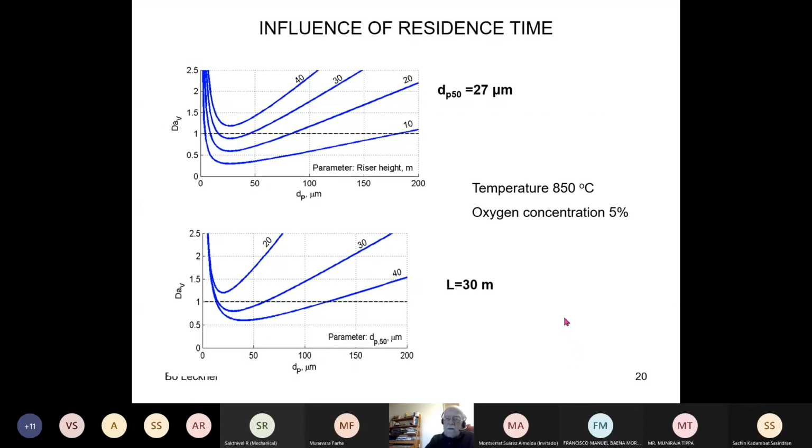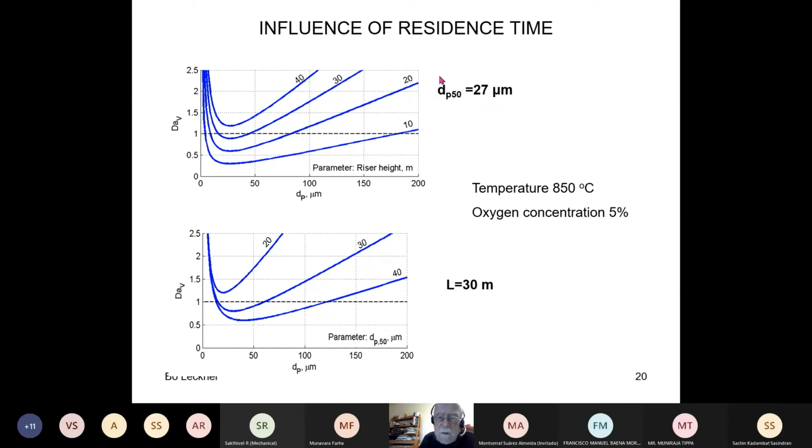So in these diagrams that I've shown you before, there were two parameters that were important to have a suitable Damköhler number, and that was either the height of the riser. This was the parameter of the height of the riser here. When it was a tall riser, the residence time was large, and in fact it depends also on the cut size of the cyclone.